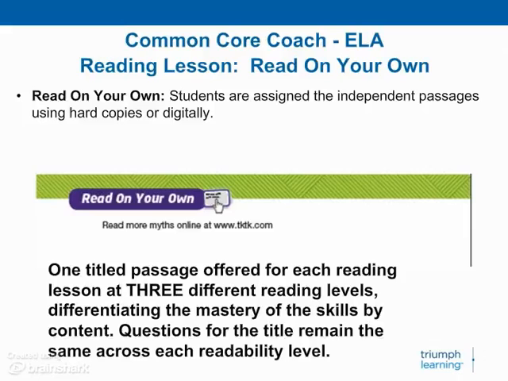As you'll note below on the slide, one title passage is offered for each reading lesson, but that one titled passage is available at 3 different reading levels. This differentiates the mastery of the skills by content. Questions for the title remain the same across any readability level, as our expectations are the same within the standards.